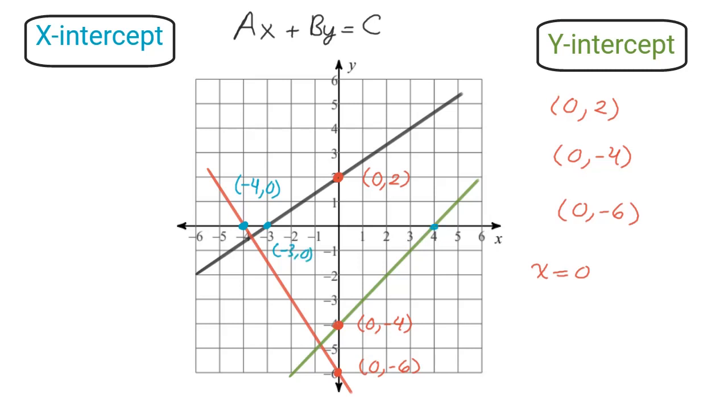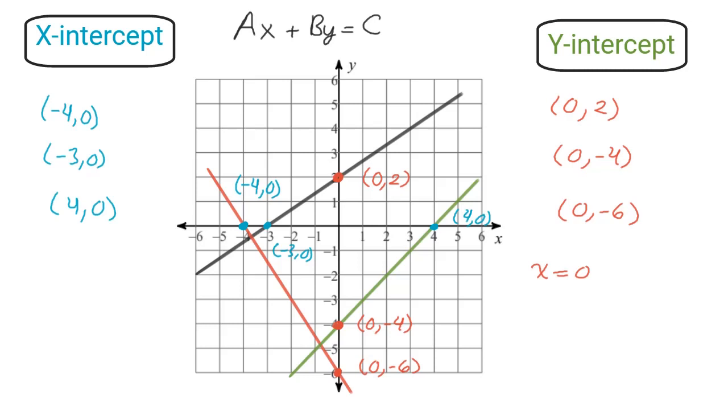And then this other green line here will also cross the x-axis, but at the point positive 4, 0. So let's take a look at the coordinates of those points: negative 4, 0, negative 3, 0, and positive 4, 0. And just like with the y-intercept, something that these 3 points have in common is that they have a 0, but in this case for the y-coordinate.